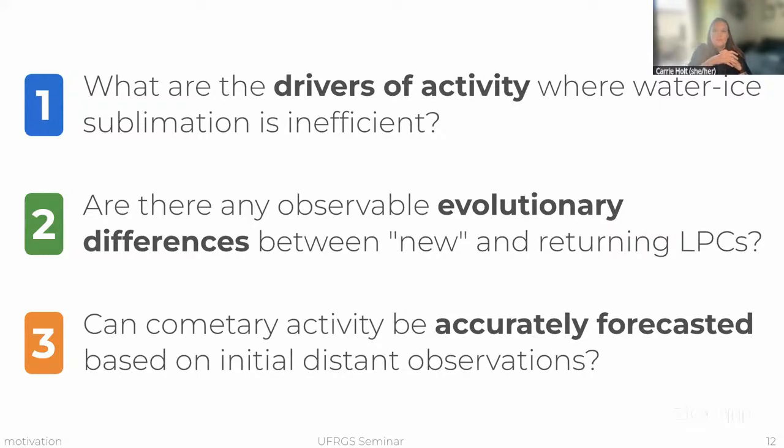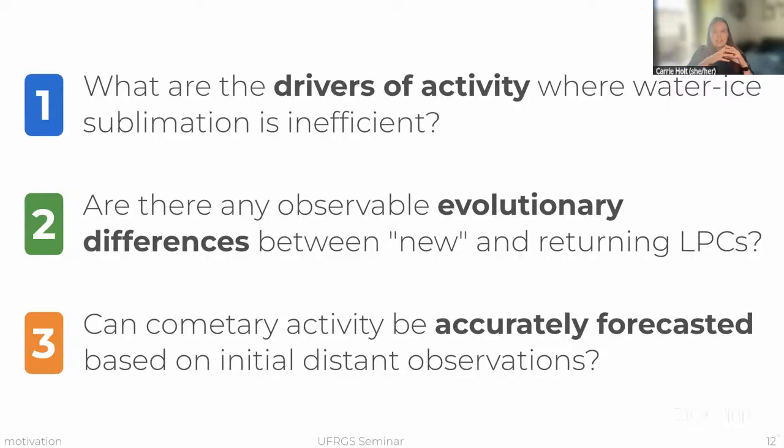So the main questions, I hope I provided you with some background on the things that we care about with at least this specific work. There are three main questions that are really driving this. What are the drivers of activity when water ice sublimation is inefficient further from the sun?